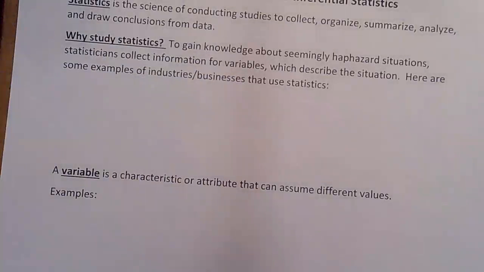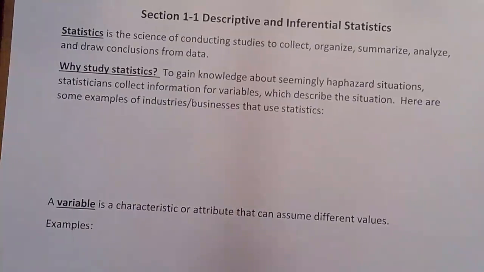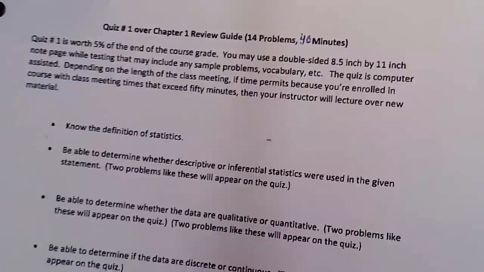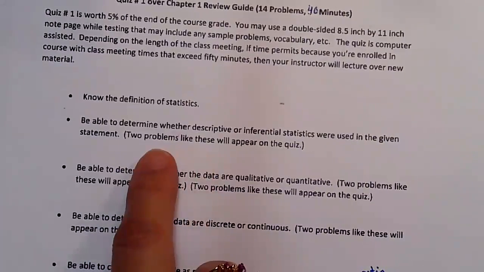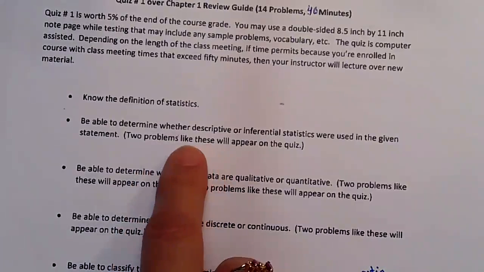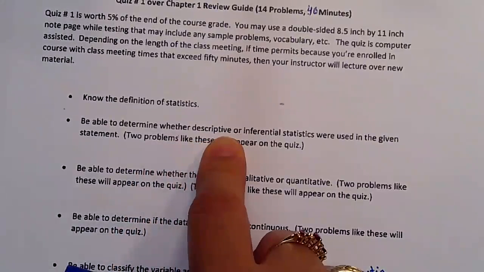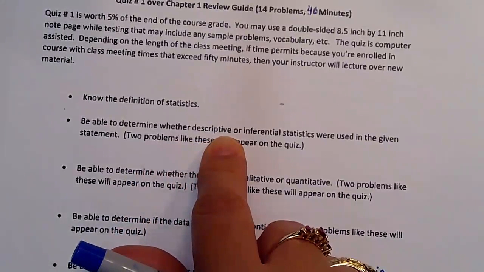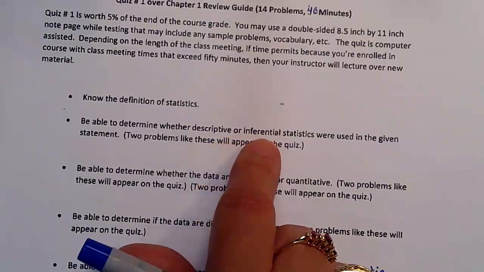So the first problem, on page one, is titled Descriptive and Inferential Statistics. You saw from your quiz that you're going to have two problems like this, and when they give you the question, you'll write that down, and you want to determine if it's descriptive or inferential.